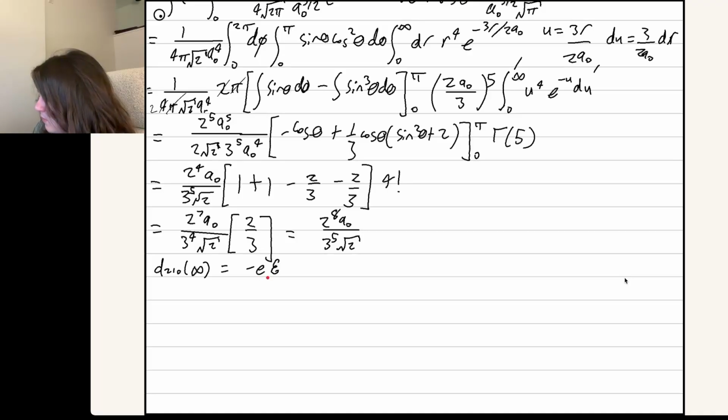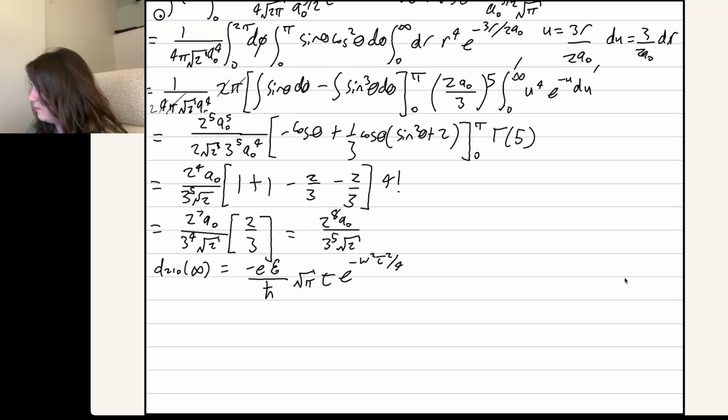So we can go back to our constant d_210 of infinity is now looking like minus fancy e over h bar root pi tau e to the minus omega squared tau squared over 4 times 2 to the 8th a naught over 3 to the 5th root 2.